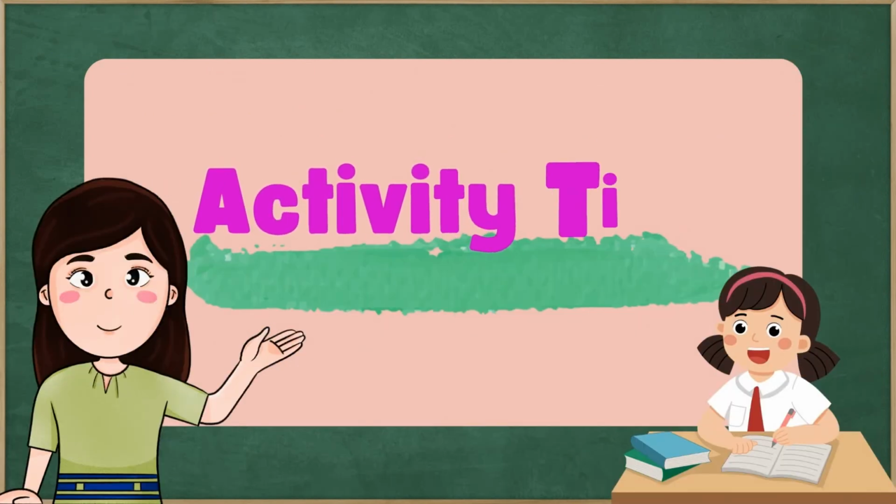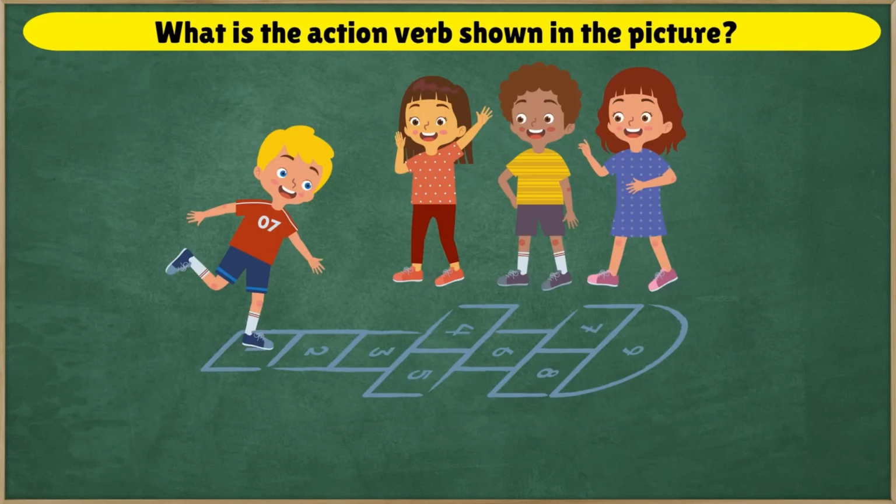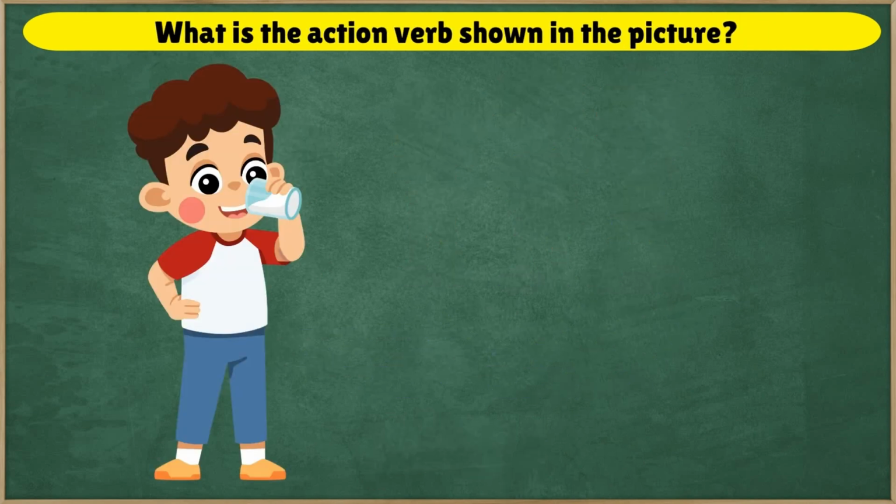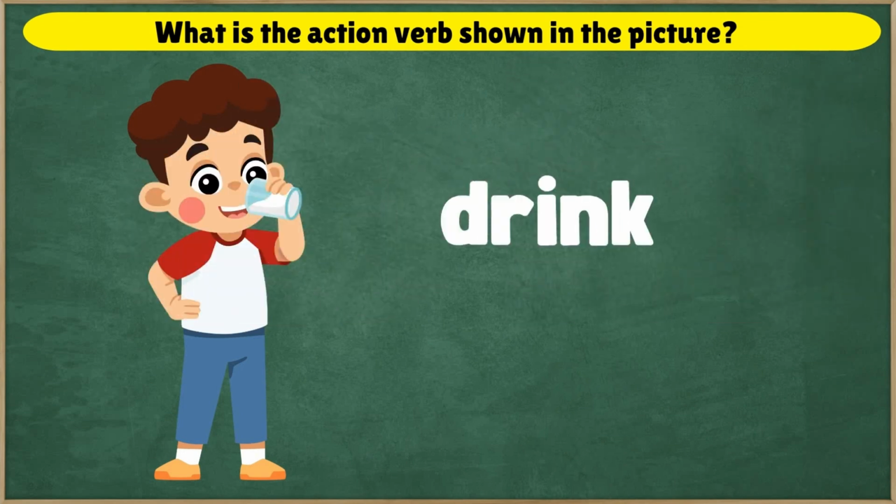Great! Now, let's do some activities about the lesson. What is the action verb shown in the picture? Great job! It's play. Next. What's the answer? Yeah, it's drink. Let's move on.